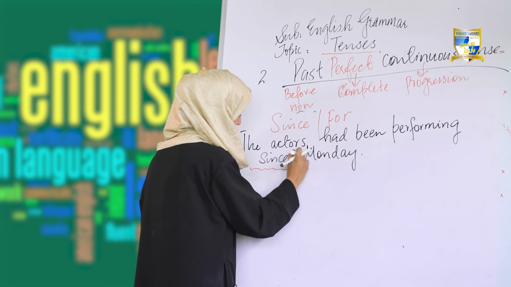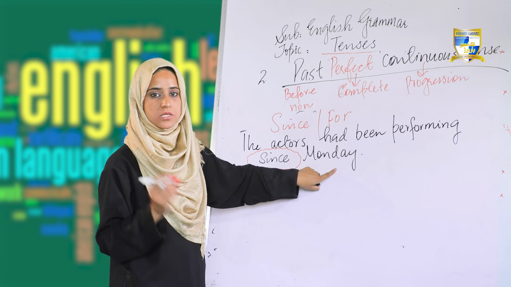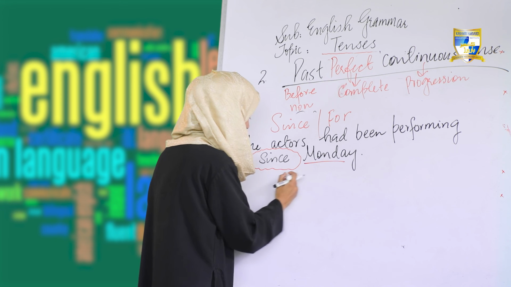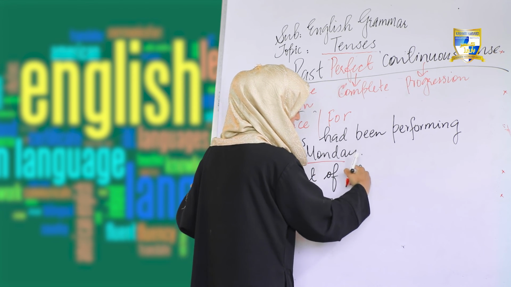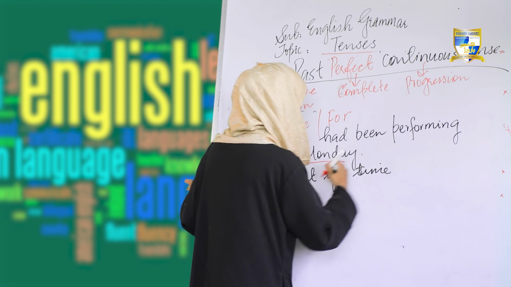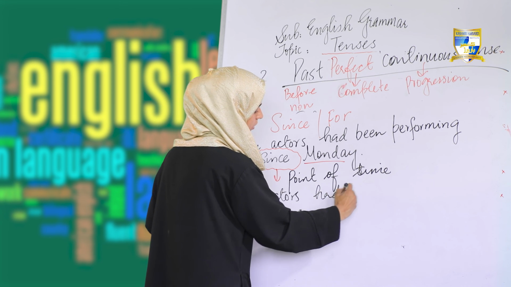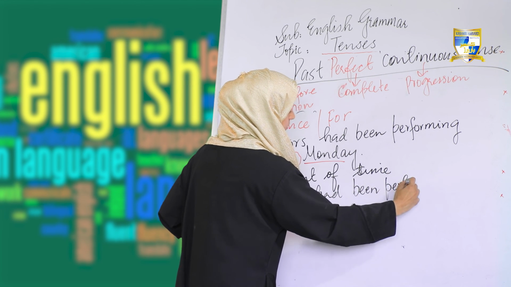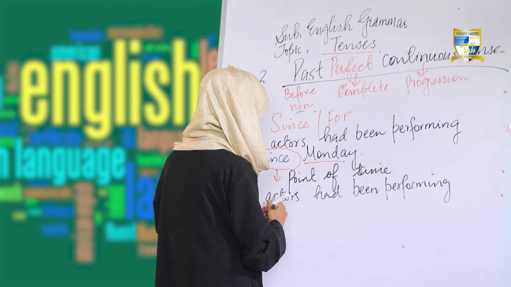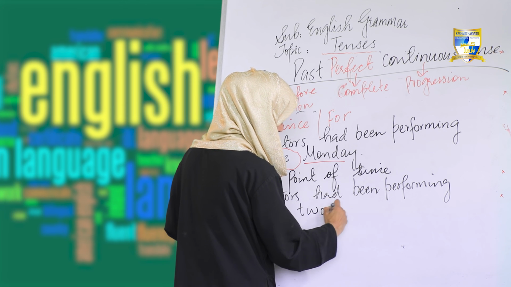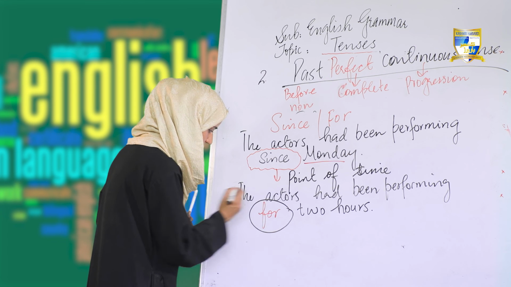I'm using the adverb of time since here because it mentions a particular time, a particular day, that's Monday. So when we are talking about a point of time, we use since. And if I say the actors had been performing for 2 hours, here I'm using the adverb of time for.